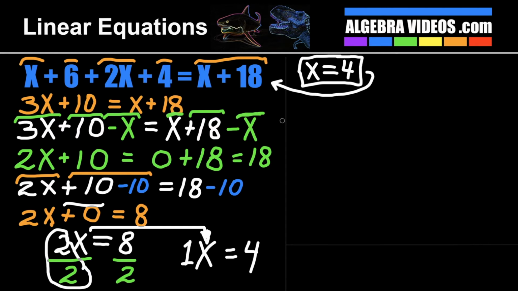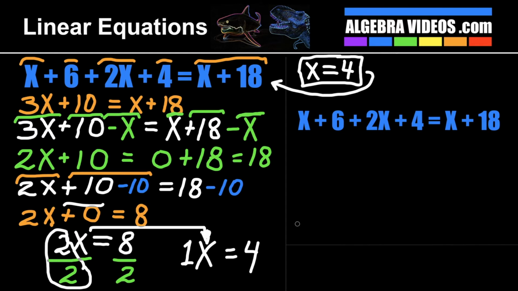So the first thing we need to do is rewrite the original equation. So there it is. And what we're going to do is everywhere that there's an x in the original equation, we're going to plug in our solution of x equals 4 and see if both sides of this equation stay equal. That means we got a good answer.